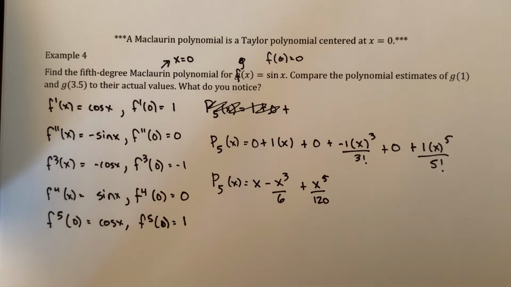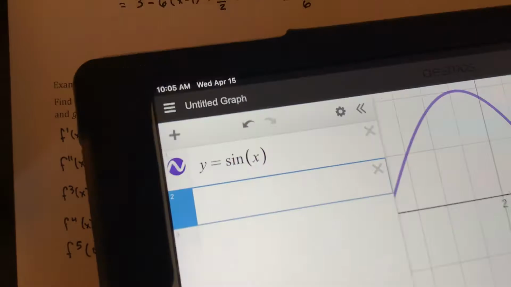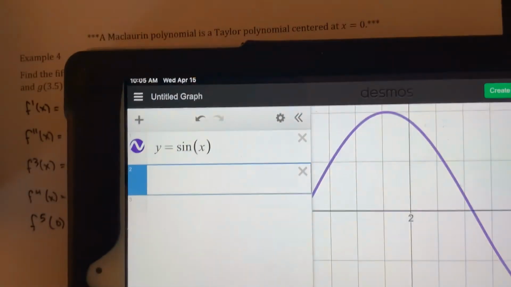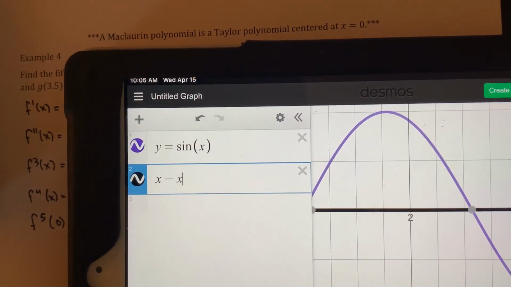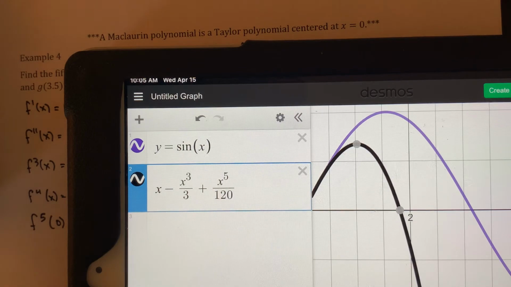So we're going to have y equals sine x, and the 5th degree expansion was, I already forgot, x minus x cubed over 3 plus x to the 5th divided by 120.